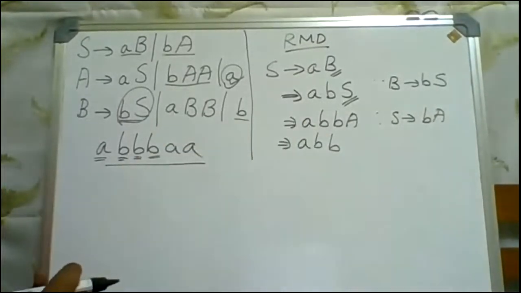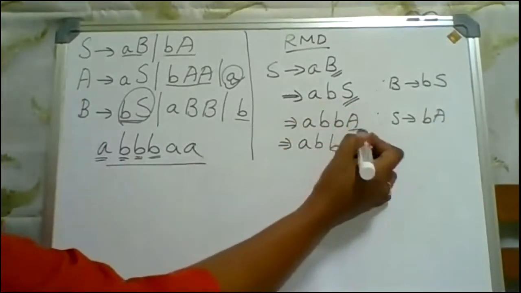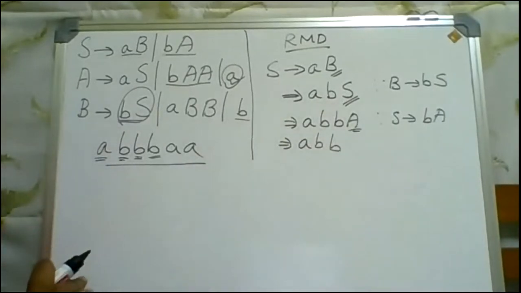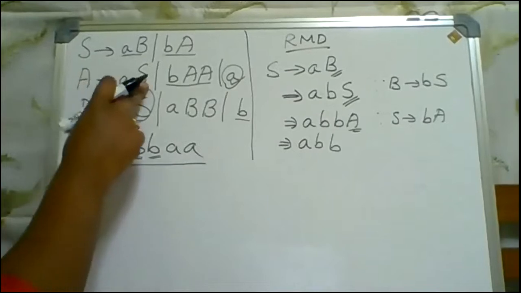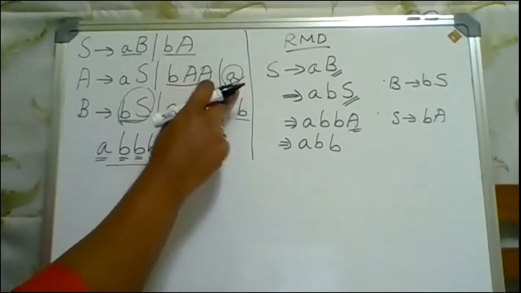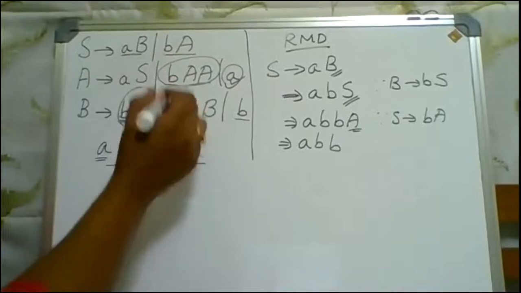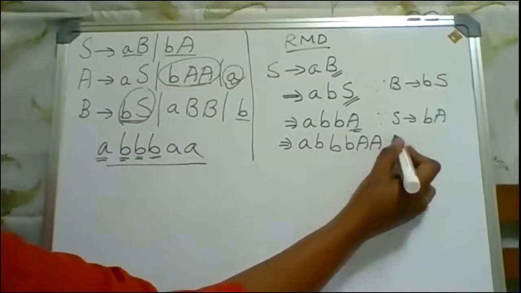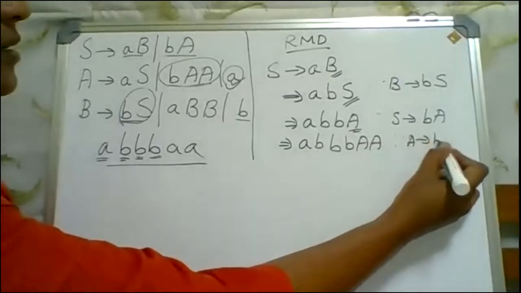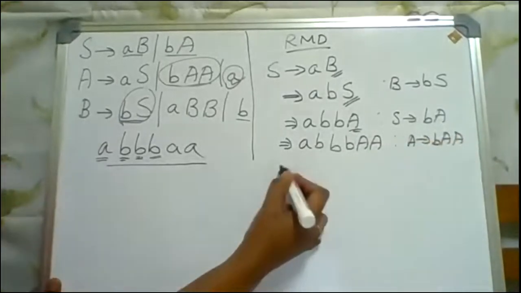Again, in the next step, we need to replace the variable A with any of the productions. A is deriving AS, BAA or A. Here also we will choose the same production BAA, where A is replaced with BAA.